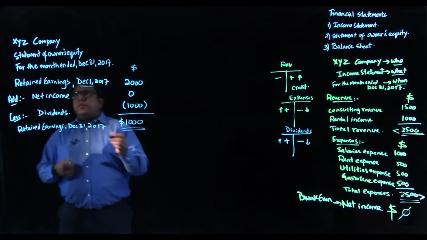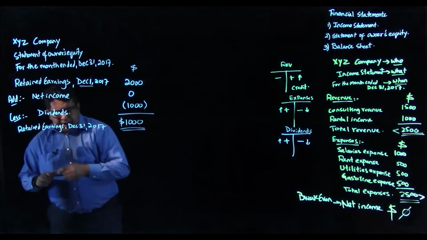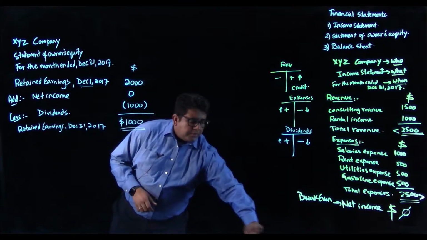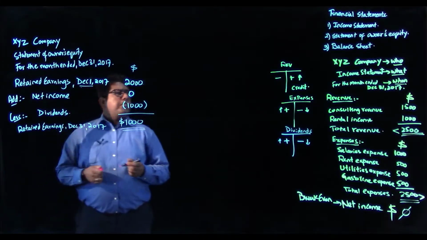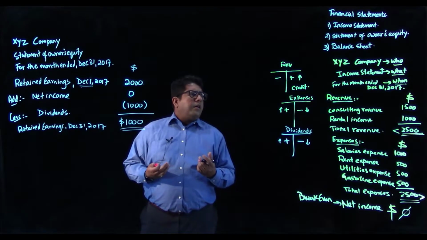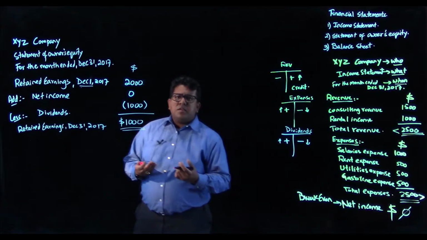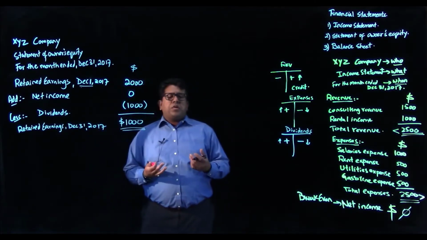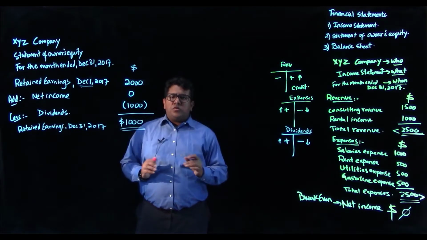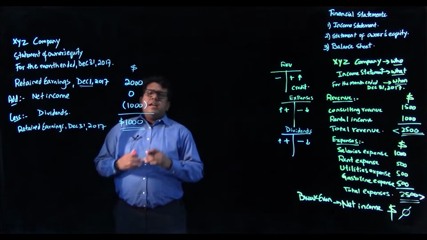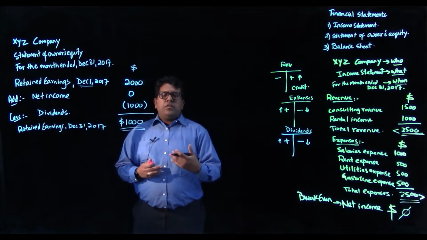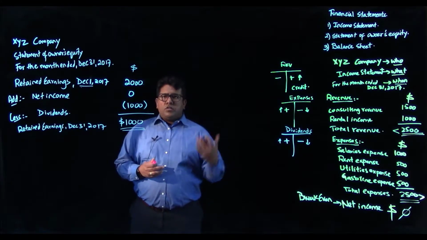Now the last statement we'll make is the balance sheet, and this is one of my favorite financial statements, because it gives you a snapshot of a firm's financial picture at the end of the year. How much assets do you have? How much liabilities? What's your equity?